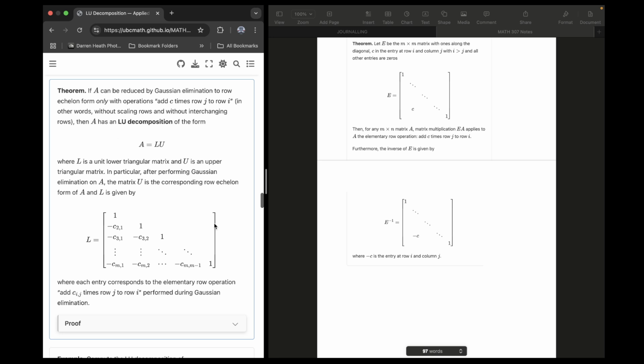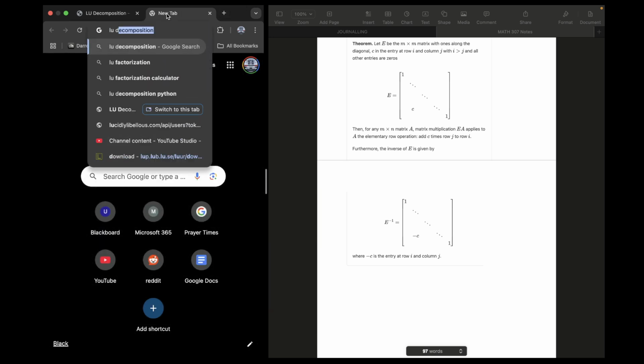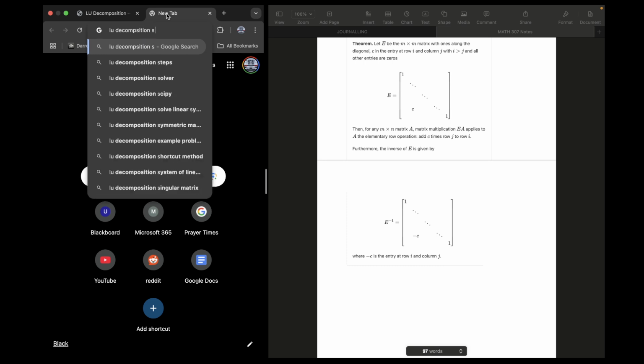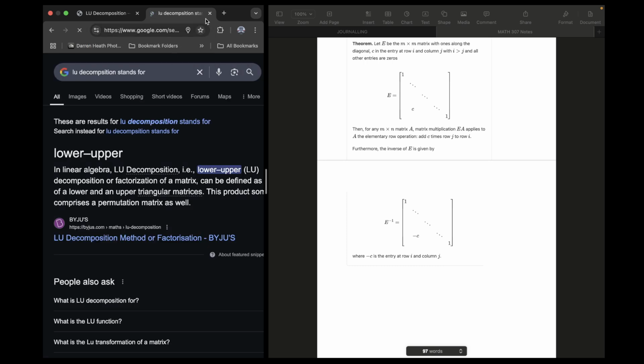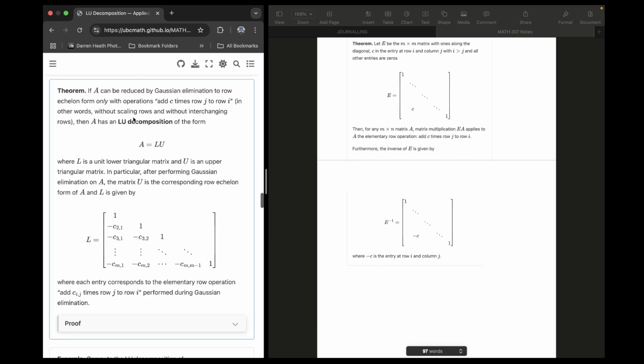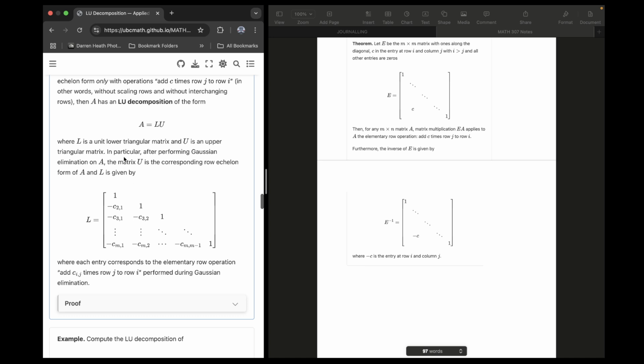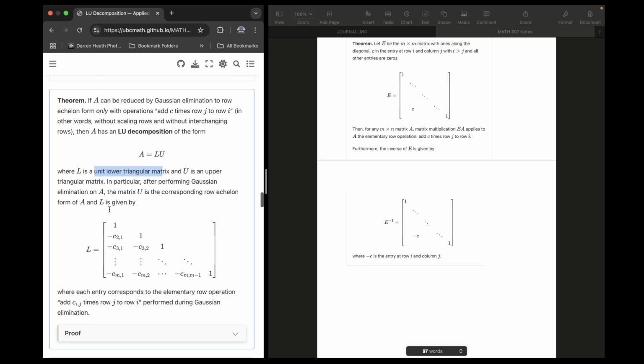Then A has an LU decomposition. I keep thinking LU is supposed to stand for something, but it doesn't. Lower upper, or it does. Oh. So unit lower triangular matrix means that we have numbers below, but it's all zeros above.